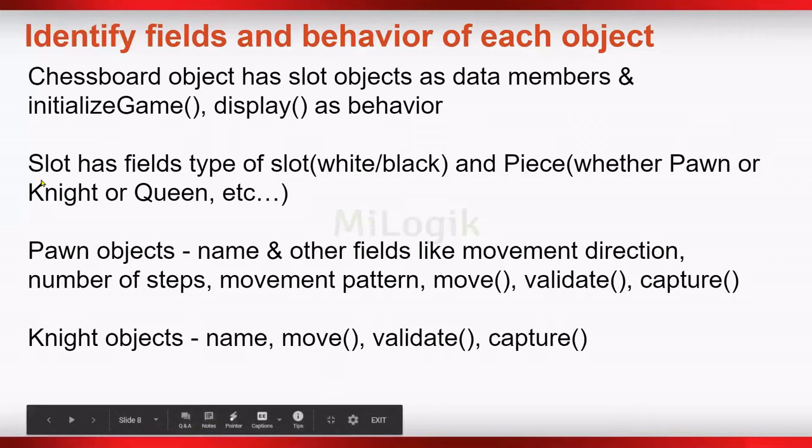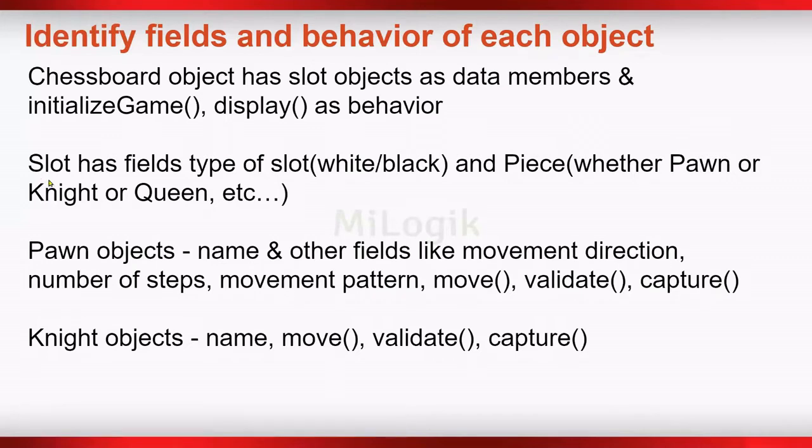Then the slot object. What are the data members of a slot object? One of the data members is to identify whether it is a white slot or a black slot. Another is that a slot can have any piece. It can be a king, a queen, a bishop, a pawn.